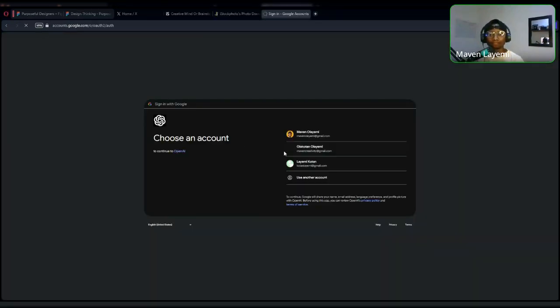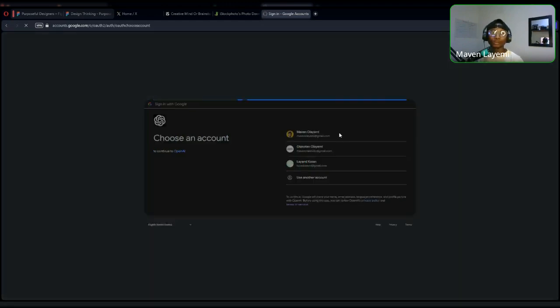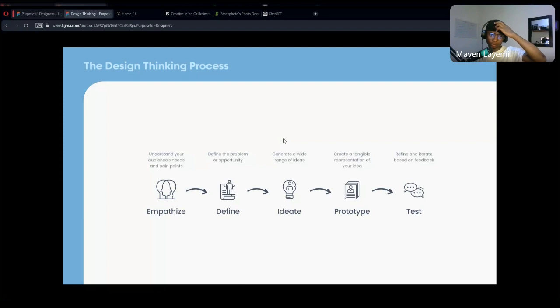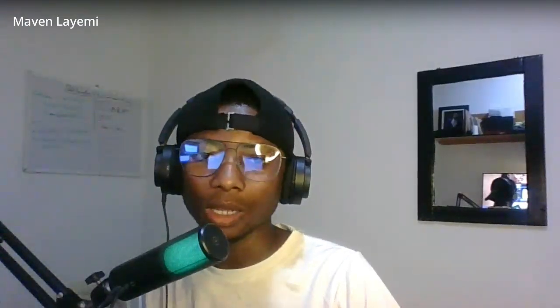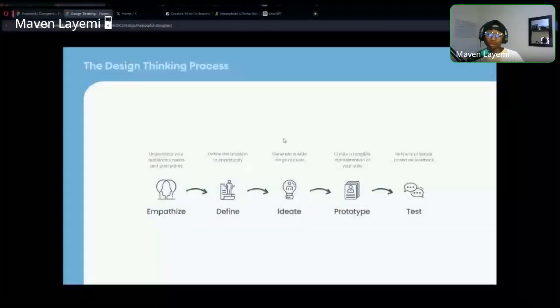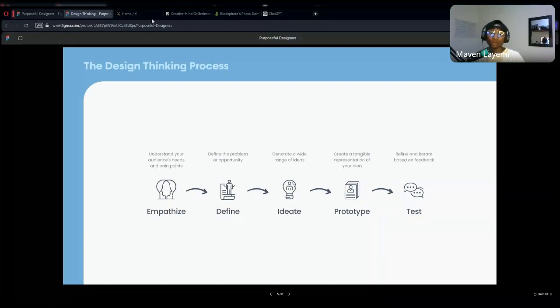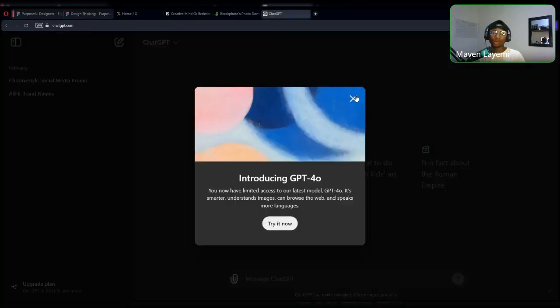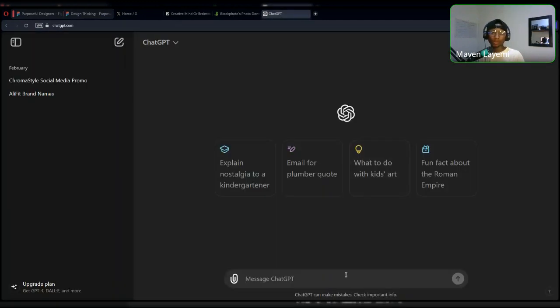So we're going to tell ChatGPT to create a problem for Yakoyo, and then we are going to generate ideas together. We're not using GPT-4.